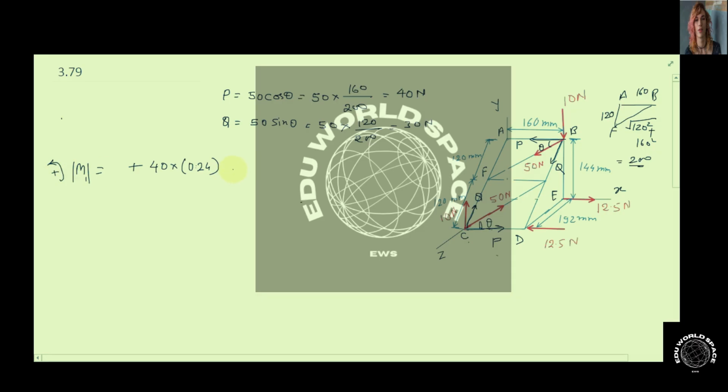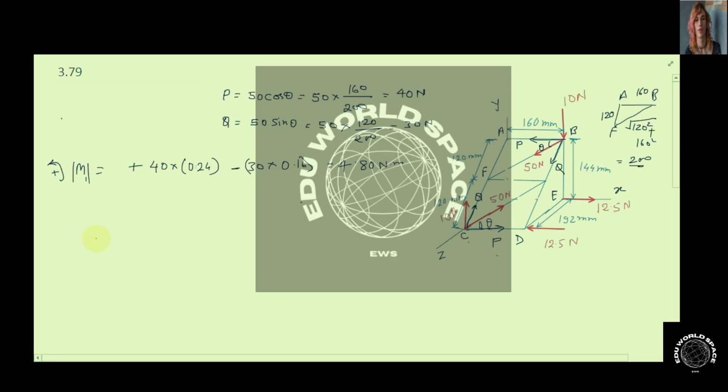Now the moment because of the Q component will be, since it is in clockwise direction, negative, minus, and the Q component is 30 multiplied by 0.16. By solving these terms, it comes out to be 4.80 Newton meter.